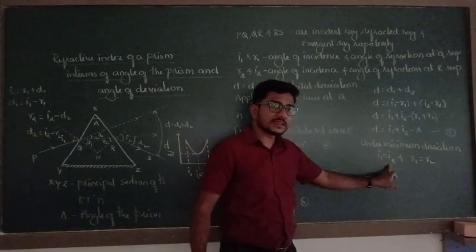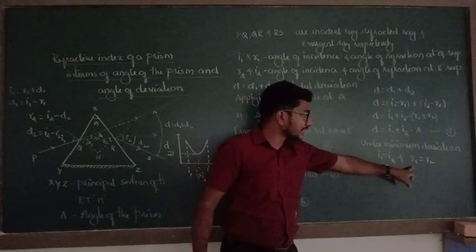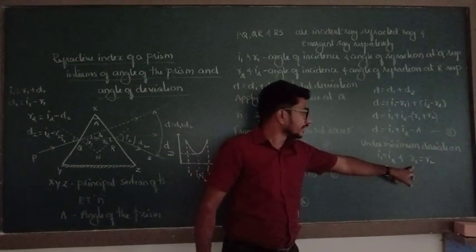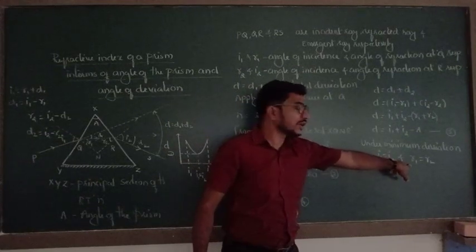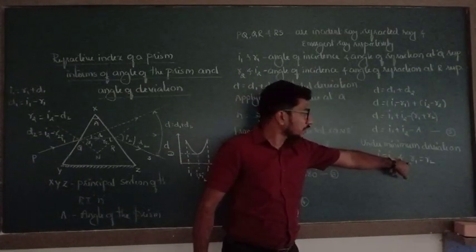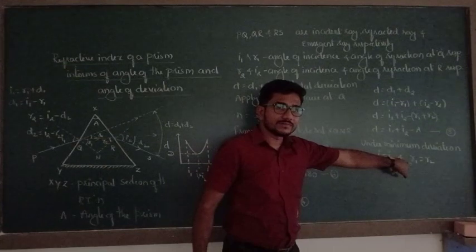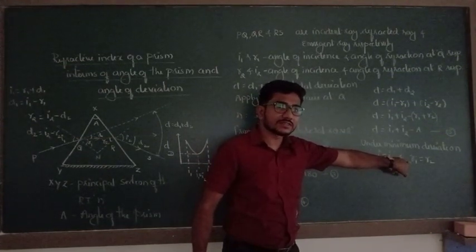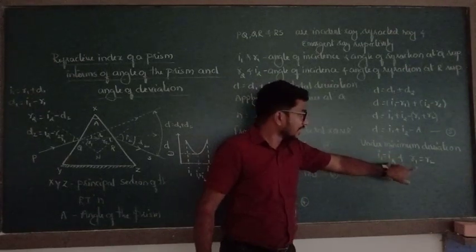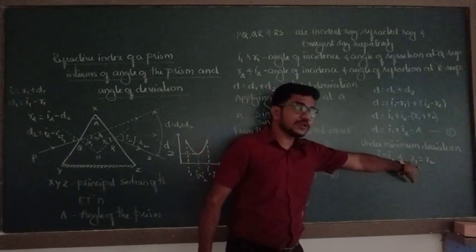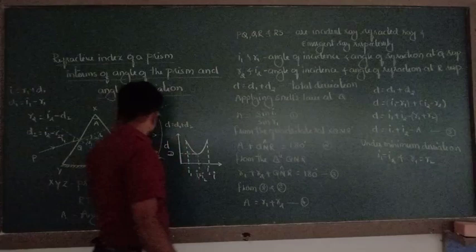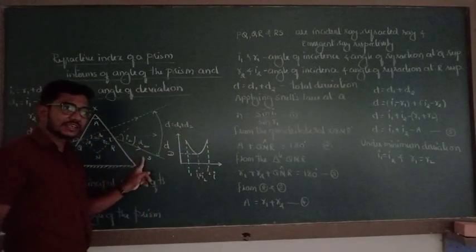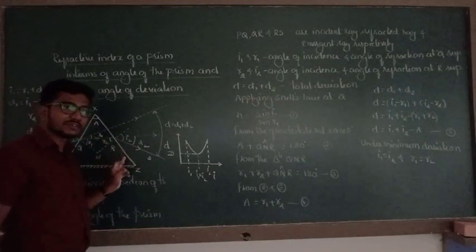Rarer to denser, the light ray bends towards the normal. Therefore, the relation between I1 and R1 is that R1 is less than I1. Here the relation between I2 and R2: denser to rarer medium, it bends away from the normal.